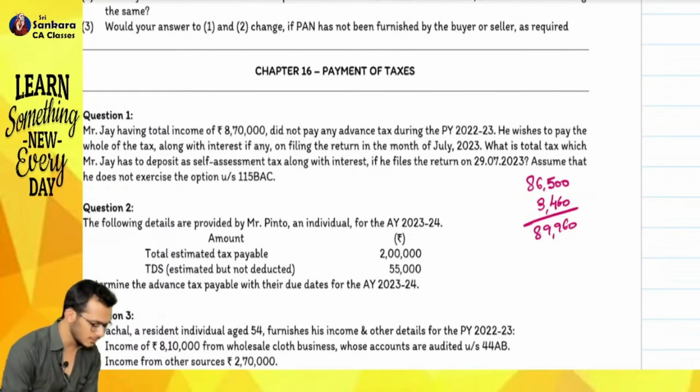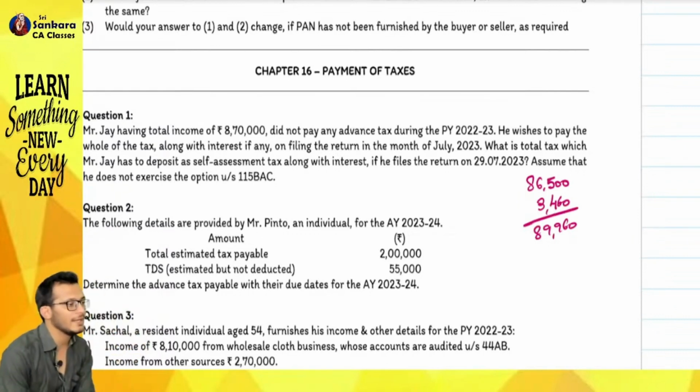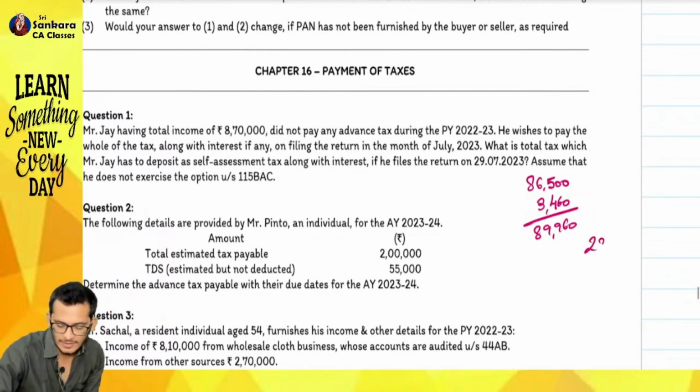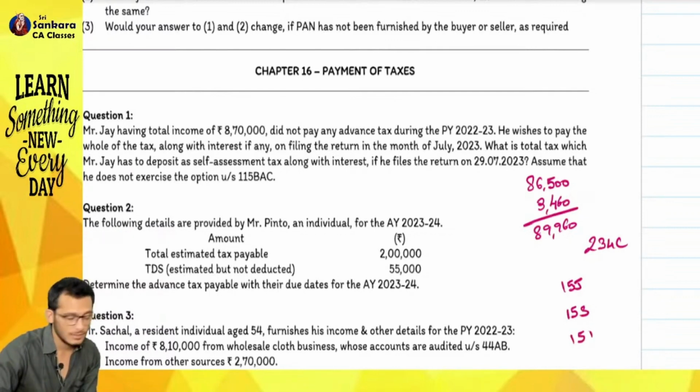Is there any TDS in the question? No, which means the whole 89,960 should be paid in the form of advance tax. Did he pay any advance tax? No. So the first interest which will come on him is 234C. On 15th June, 15th September, 15th December, 15th March, he should have paid how much? 15% of 89,960: 13,494.